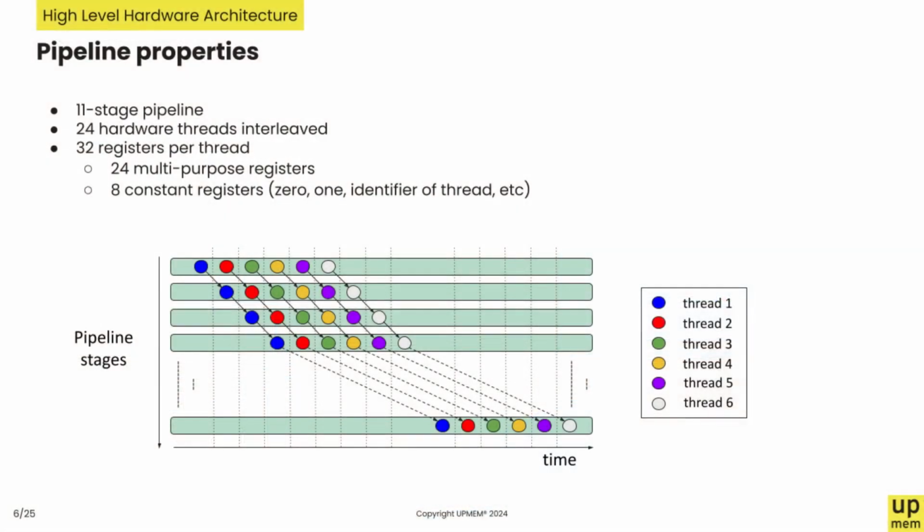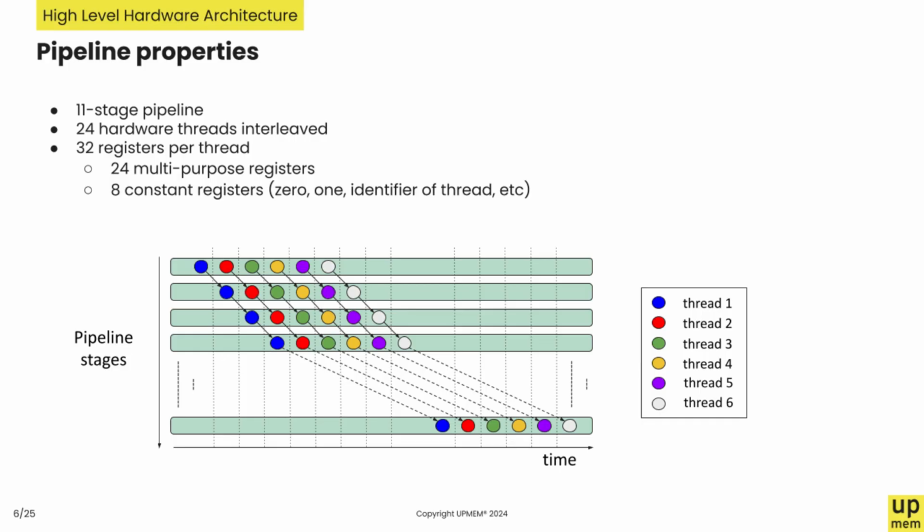So about this pipeline, right? The way it works is each instruction that you execute is divided into 11 steps. But instead of having every thread go through 11 steps and then the next one and then the next one, the pipeline is always fully populated.